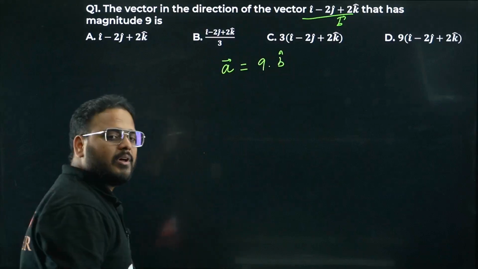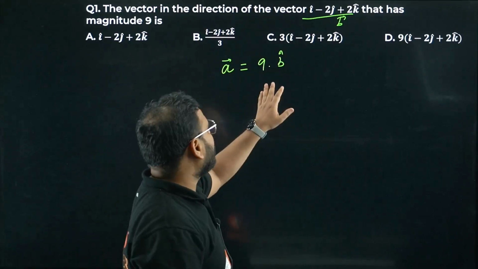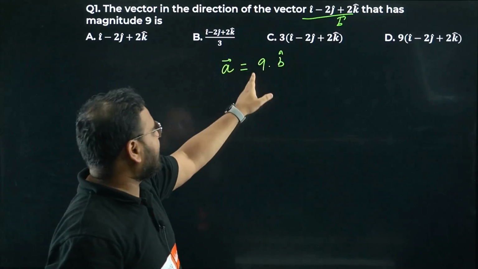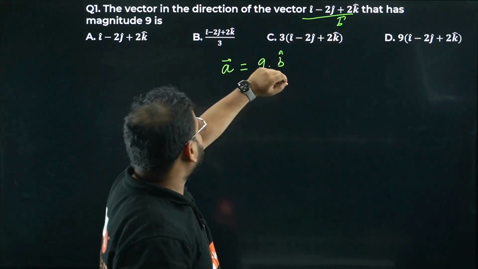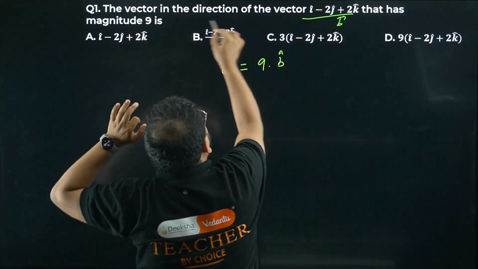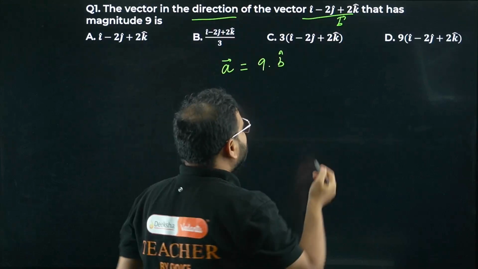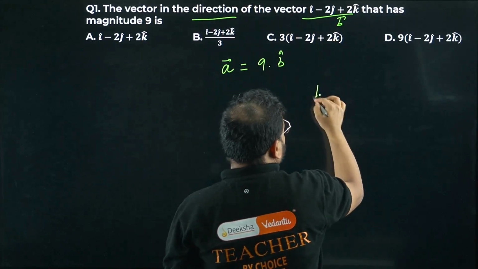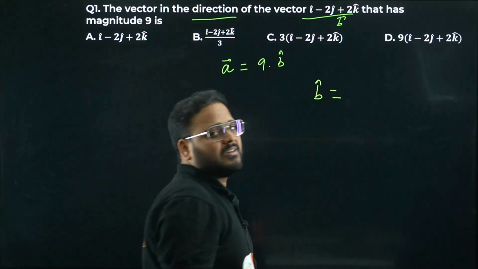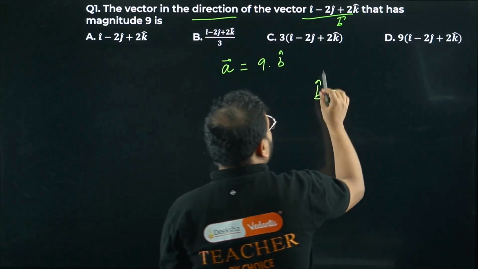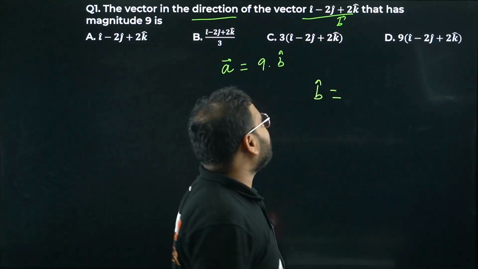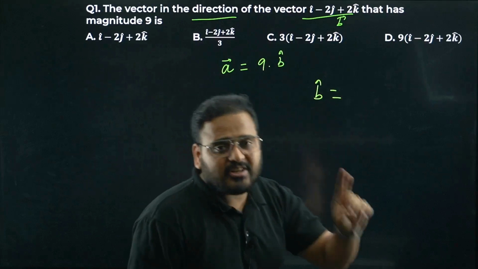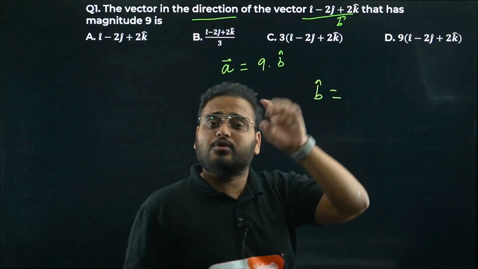Won't you all agree? The magnitude is 9 times the unit vector of this, correct? So the direction is the same. If I find the unit vector of B, it will represent a vector across the same vector B with a magnitude of 1.